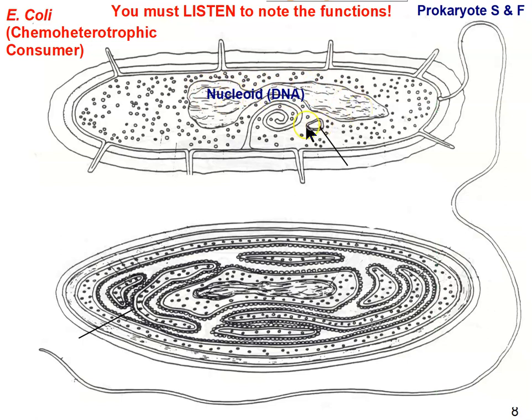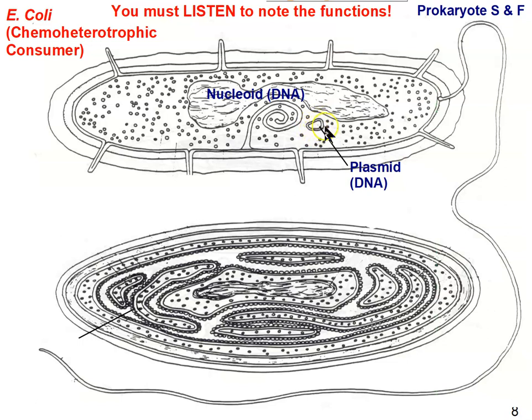We also have this little ring here that is also a ring of DNA. It's called a plasmid. And not all prokaryotic cells have plasmids, and when they do, there's usually more than one. So there'd be probably thousands of plasmids in a prokaryote that has plasmids. But that's, again, just a little ring of DNA, and its function is the same as DNA. However, it also is involved in another function known as conjugation.